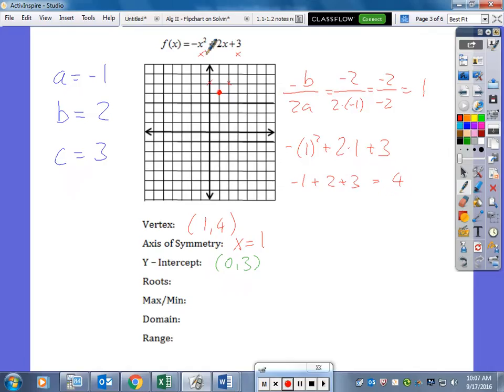It's not getting stretched or squished in any way, but it's flipped downwards. So go right 1, 1 down, right 2, 4 down, left 1, 1 down, left 2, 4 down. This is what our parabola is going to look like.